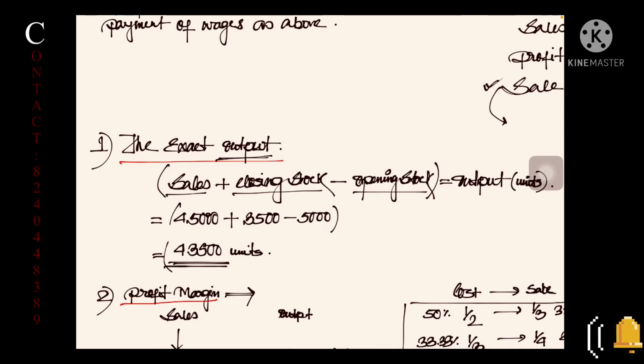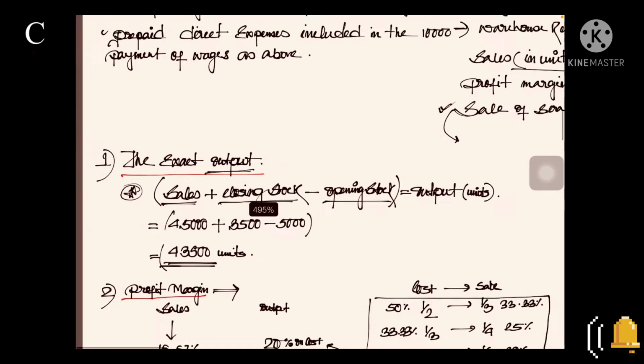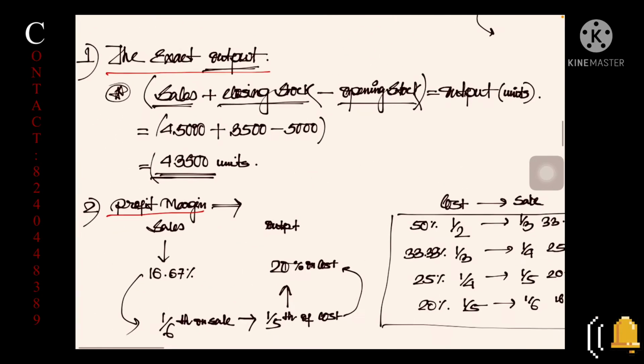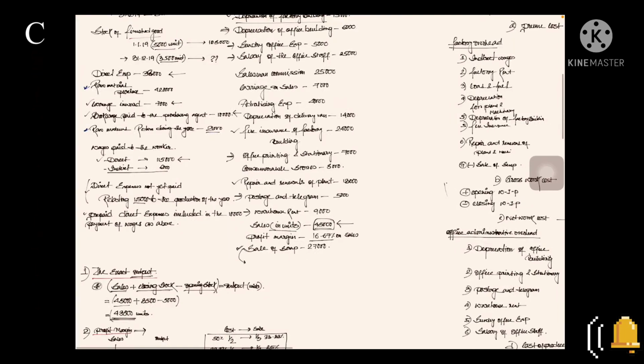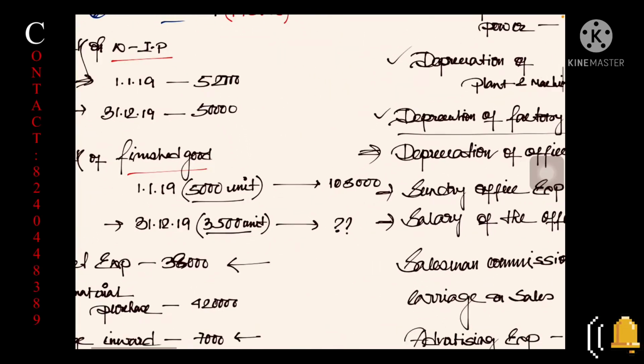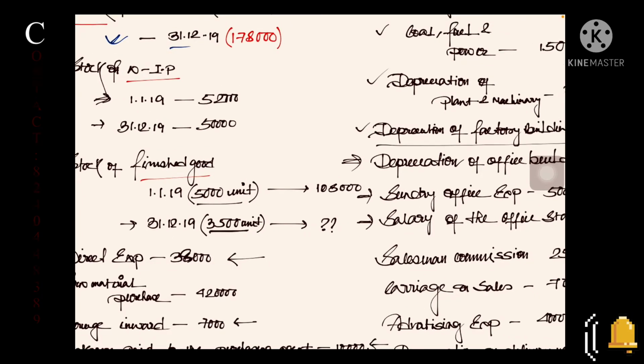What is the formula of exact output for this year? It is sales plus closing stock minus opening stock, in units. In this question the selling unit is given as 45,000, closing stock is 3,500 units and opening stock is 5,000 units.